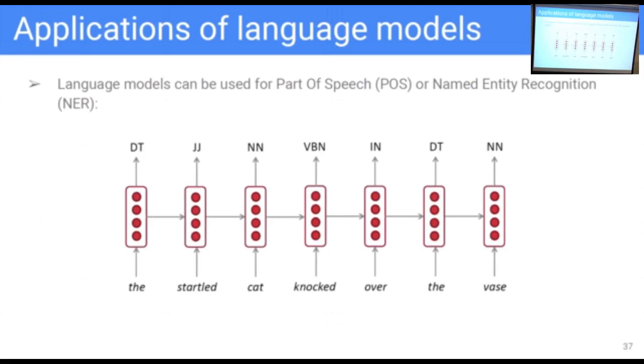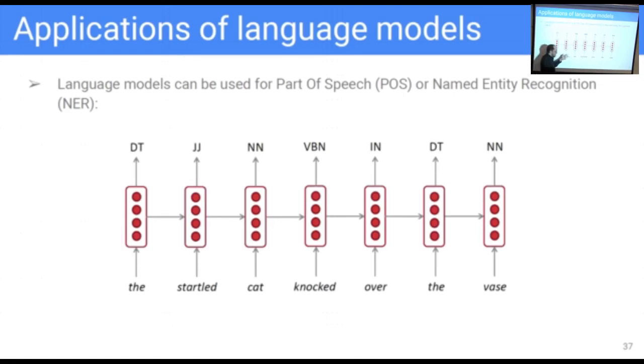So this is an example where before, in the previous lecture, we were designing an architecture that can only be used for named entity recognition. But the very good thing of language models is that once they are working very well on predicting the next word, you can simply change the top layer of the language model and reuse it for anything else.